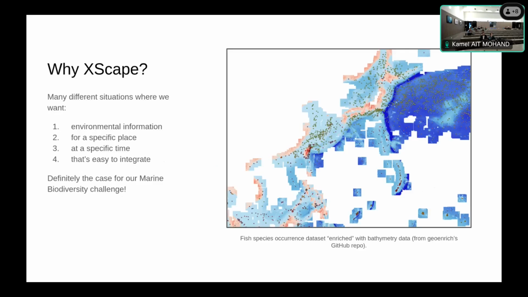The problem is that most of the tools that exist for that were developed by people who were trying to do something else, and they just wanted to get this problem done. So there's not a lot of optimization going on here. The only tool that actually focuses on solving this very common problem was the GeoEnrich library.